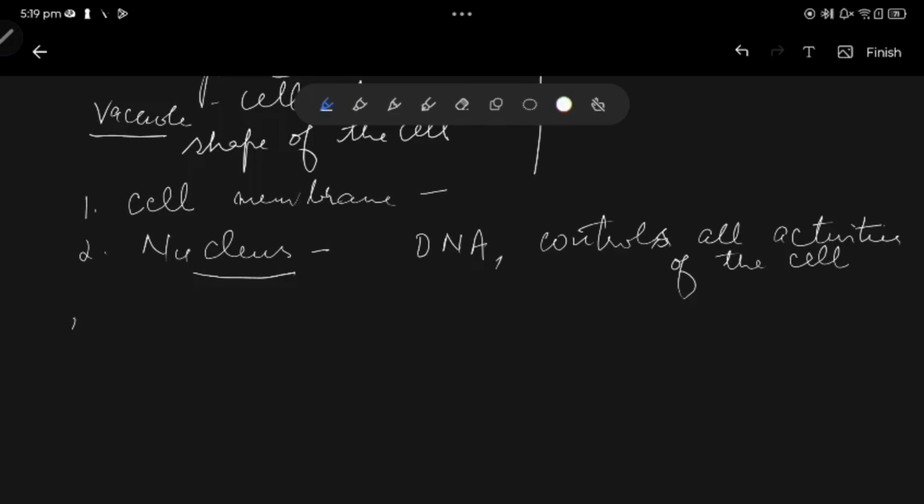Then in a plant cell, there is a cell wall also. Cell wall gives plant cells support and protection. Then chloroplasts, only in plant cells, are required for photosynthesis.